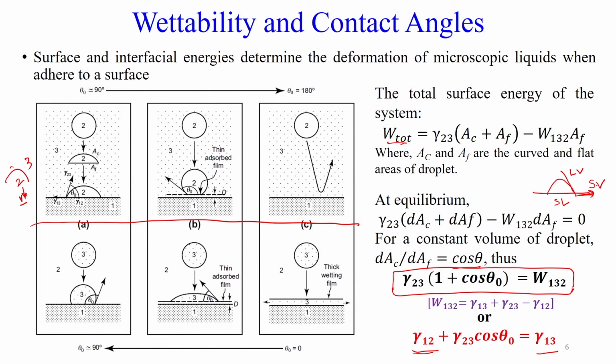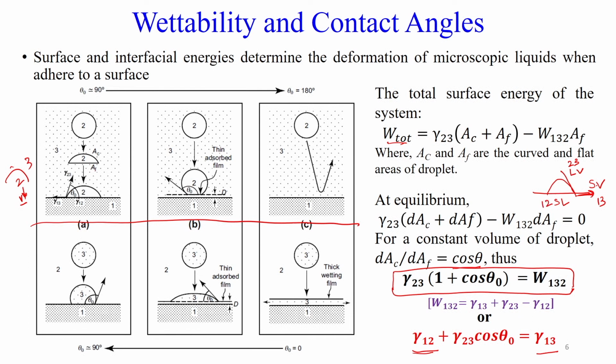So, what we observed was gamma solid vapor, the solid vapor will be here 1 and 3, equal to gamma liquid vapor 2 3, this is the 2 and 3, gamma solid liquid is here, solid liquid is 1 and 2.